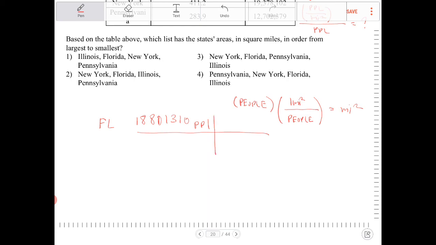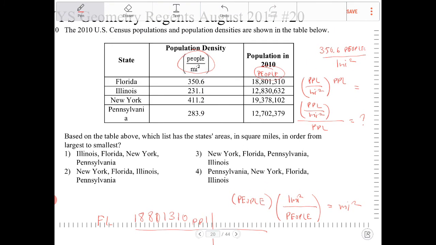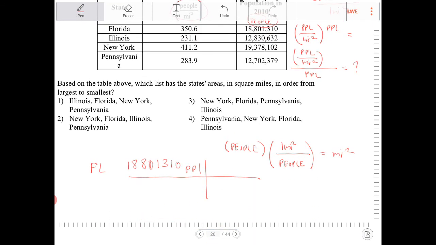What I'm going to have to do with this is, notice the population density. It says 350.6 people per square mile. That's really 350.6 people in 1 mile squared. You see what I did there? It was originally written with 350.6 people in the numerator. I reversed it, and that's okay, because I kept the ratio in the same order.